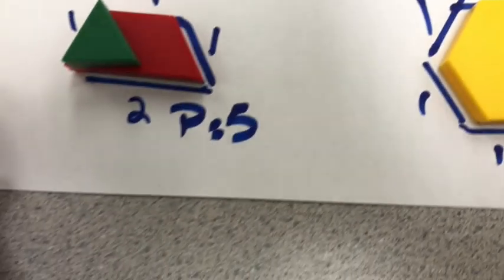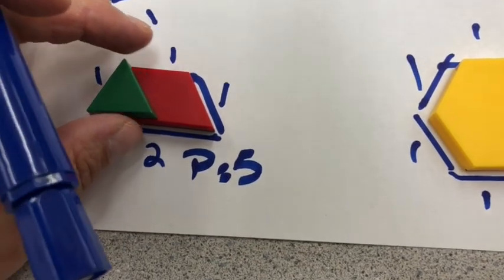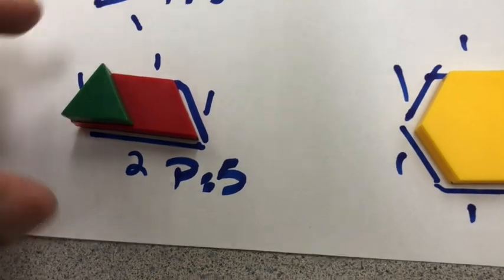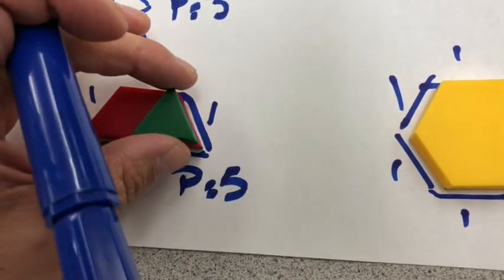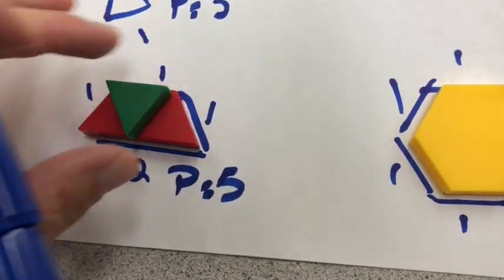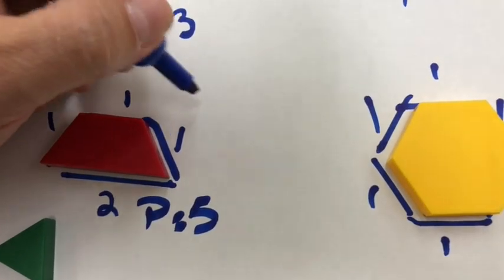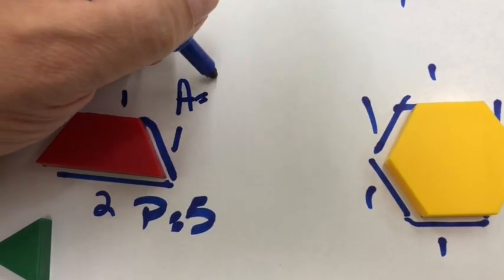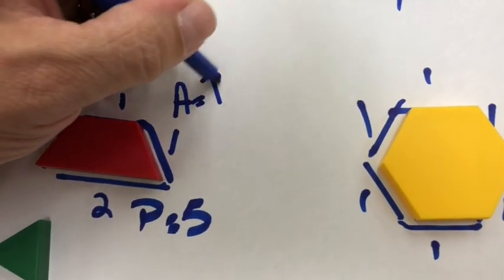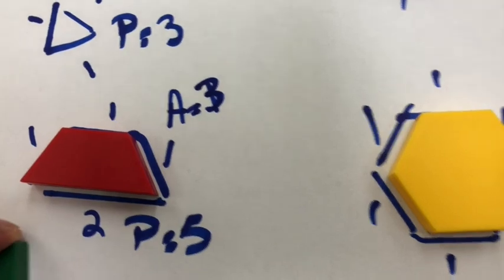Next, if I look at my red trapezoid, we can probably predict, by putting 1 on one side there, that we're going to be able to fit 1, 2, and 3 green triangles over the top of our red trapezoid. So the area for this activity is going to be 3. Not 1, 3.